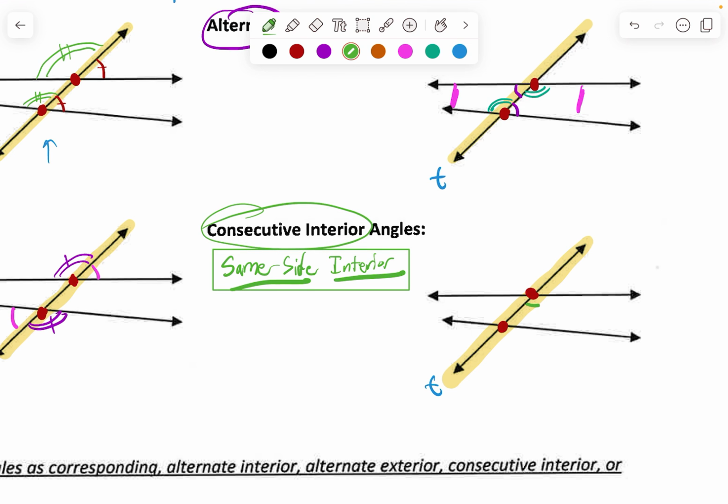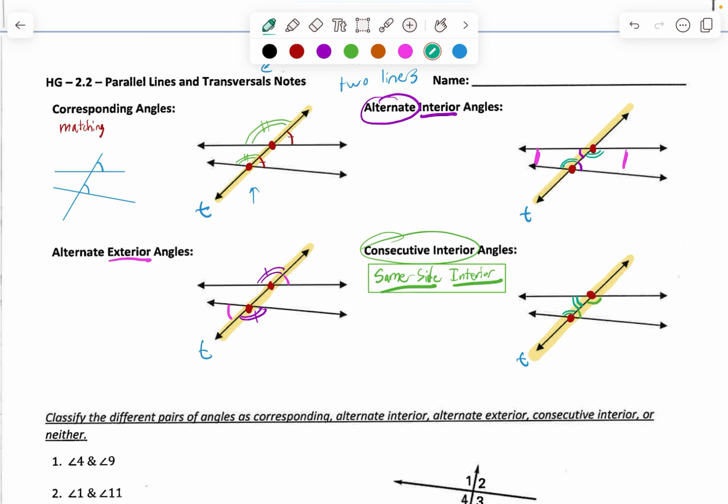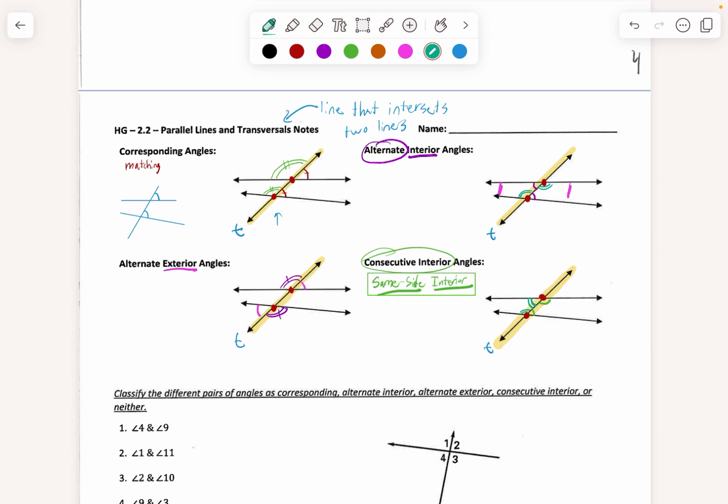So same side would be boom, but yeah, I'll just put that, that's fine. Those 2 would be consecutive interior, and then the other side would be these 2. So those are all your same side interior angles.